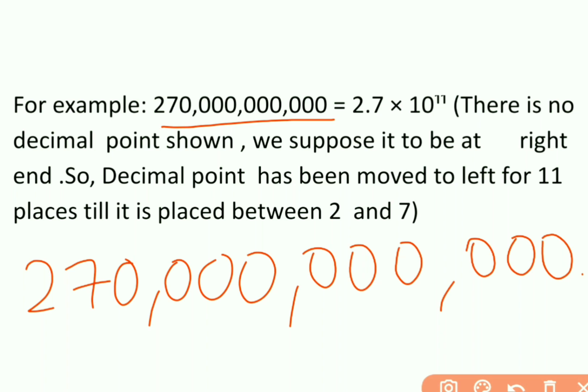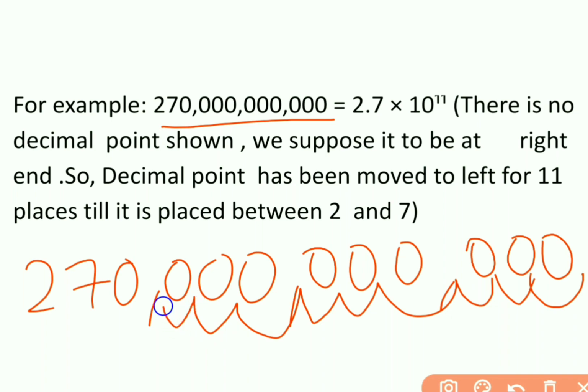and we have to move this decimal point to the left hand side such that we get a decimal number between 1.0 and 10.0. So we will move the decimal point to one place, second place, third place, fourth place, fifth place, sixth place, seventh place, eighth place, ninth place, 10th place, and 11th place.